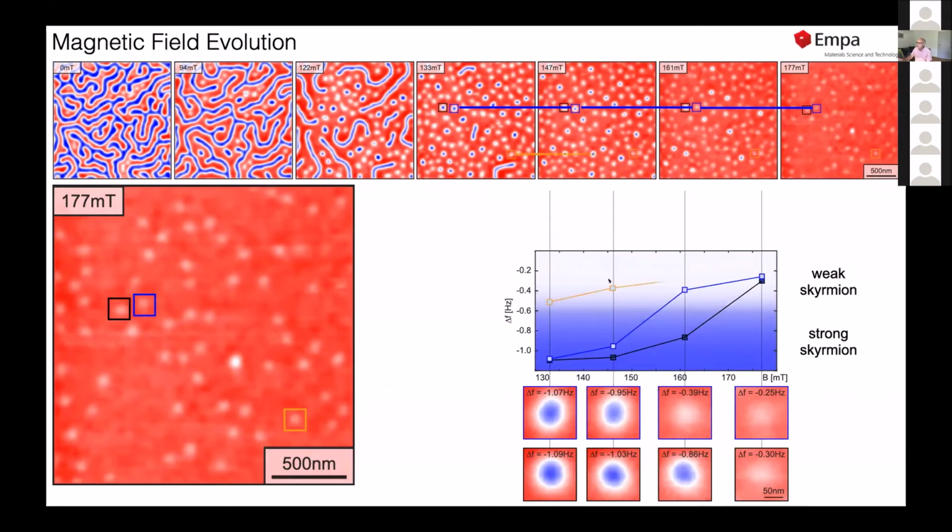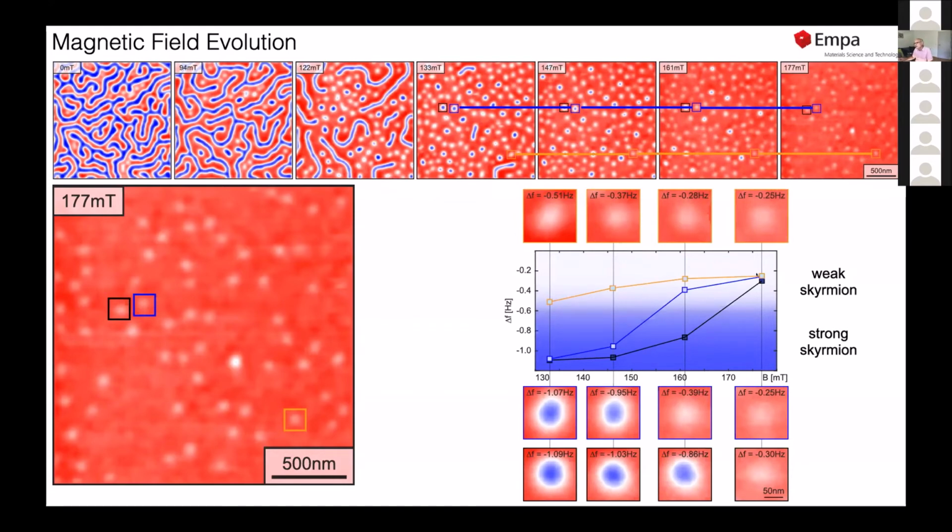Whereas if you compare it to an initially weak skyrmion, well, that also gets a little bit weaker in contrast, but that's well understood by the size of the skyrmion that shrinks if you apply a field. Whereas here, also there is a little loss in contrast, as the size of this intense skyrmion also shrinks, but then there is a sudden jump to this weaker contrast level.